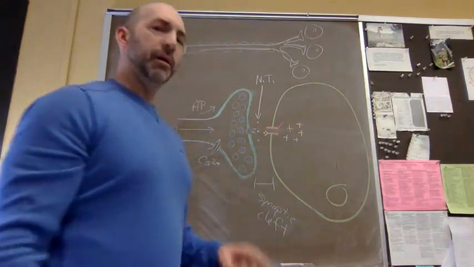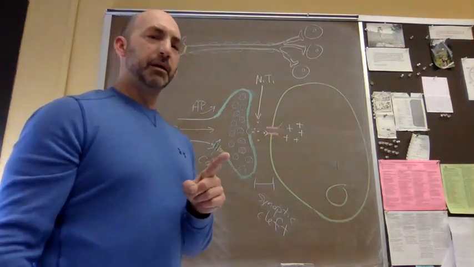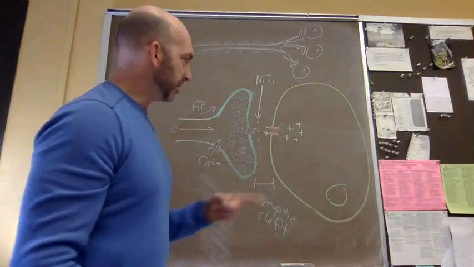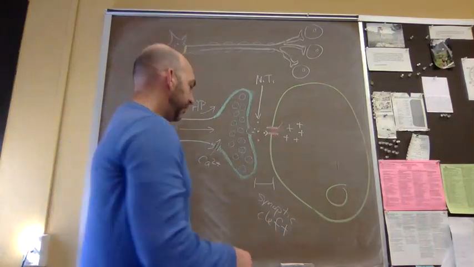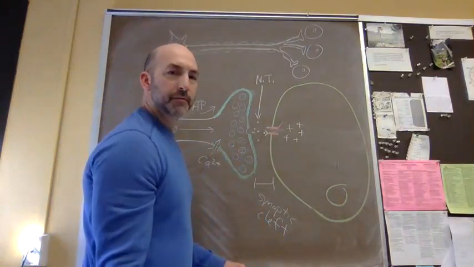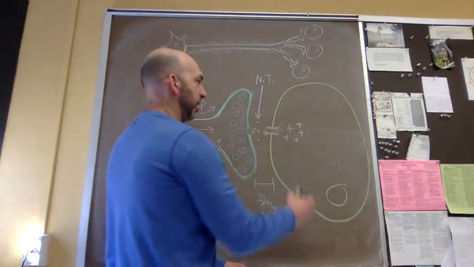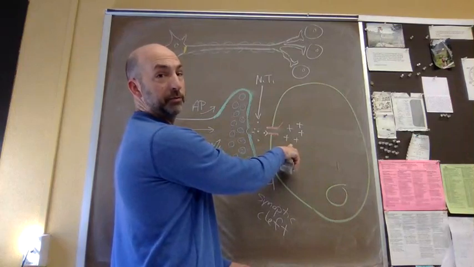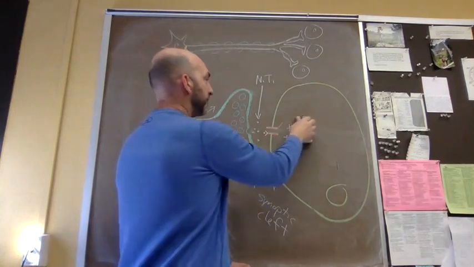And you would end up with an EPSP, right? It's excitatory. It's stimulating the cell, right? If, on the other hand, it's a ligand-gated potassium channel, and actually the same would be true if this was a calcium channel, right? EPSP.